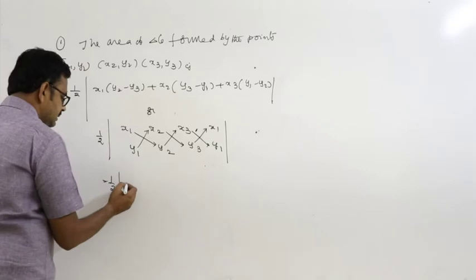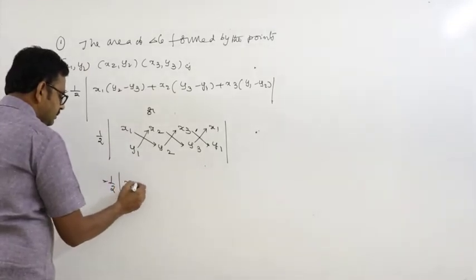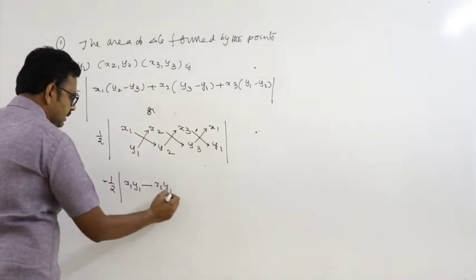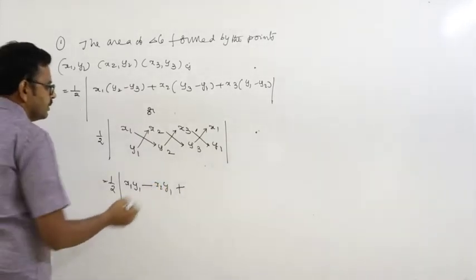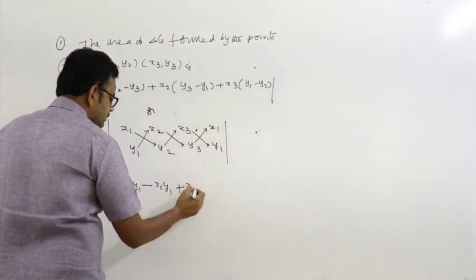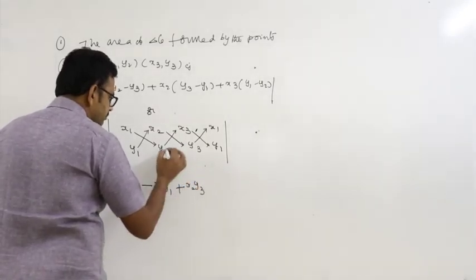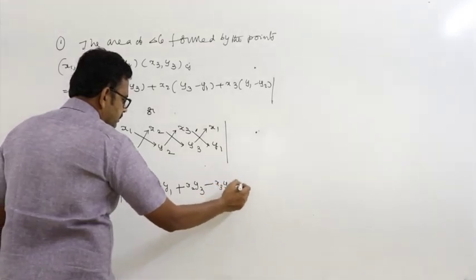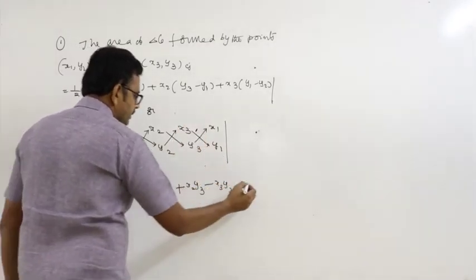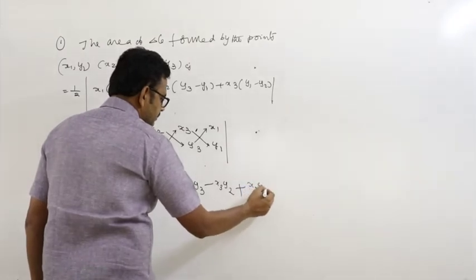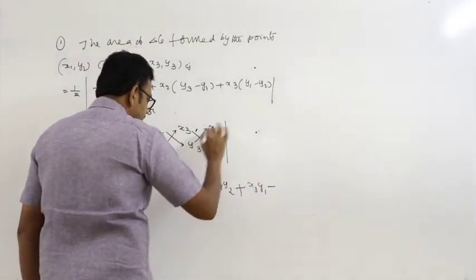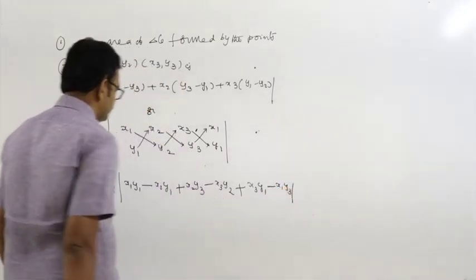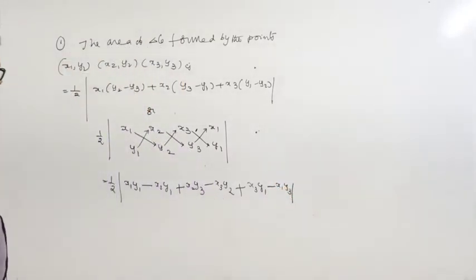That is x1 y2 minus x2 y1, plus x2 y3 minus x3 y2, plus x3 y1 minus x1 y3.